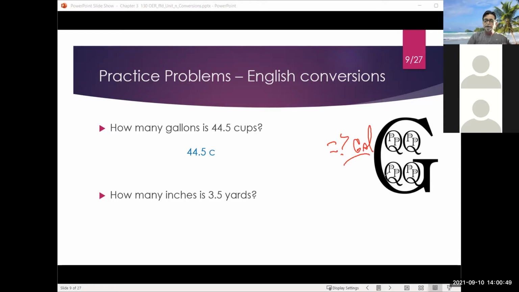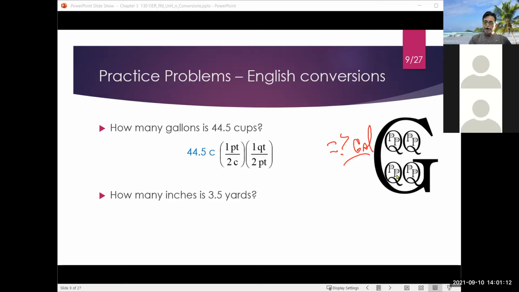Okay, keeping track of that, so I know which way I need to go. I know from this little image here that there's 1 pint in a cup. So you can see I set that up with cups in the denominator because when I multiply by that factor, my cups will cancel, which leaves me with pints.